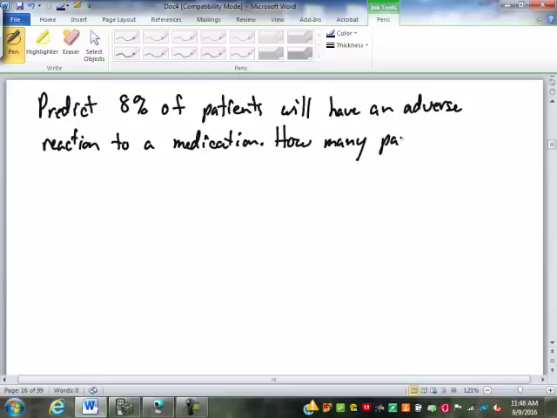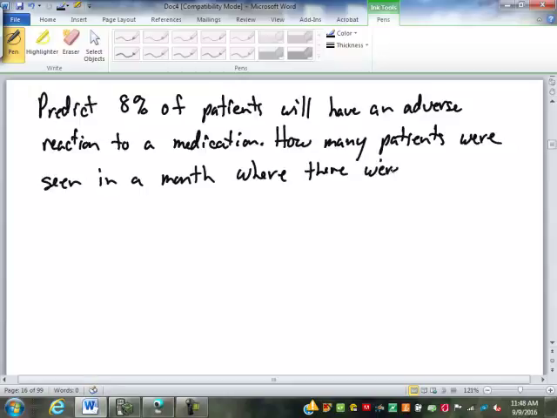How many patients were seen in a month where there were 152 adverse reactions? So we're using that percentage to complete our prediction here.